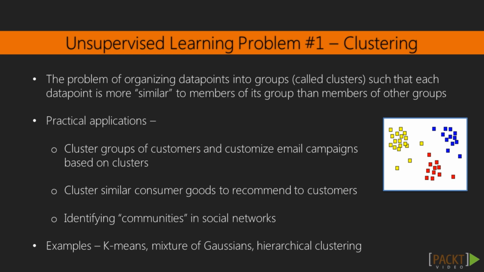Each data point is closer to the data points in its own cluster than those of the other clusters. There are also many real-world examples of clustering problems, like clustering groups of customers in order to develop targeted marketing campaigns, clustering similar products together to help with recommendations, or even clustering users in a social network to identify communities. Some popular clustering algorithms are k-means clustering, mixture of Gaussians clustering, and hierarchical clustering, amongst many others.